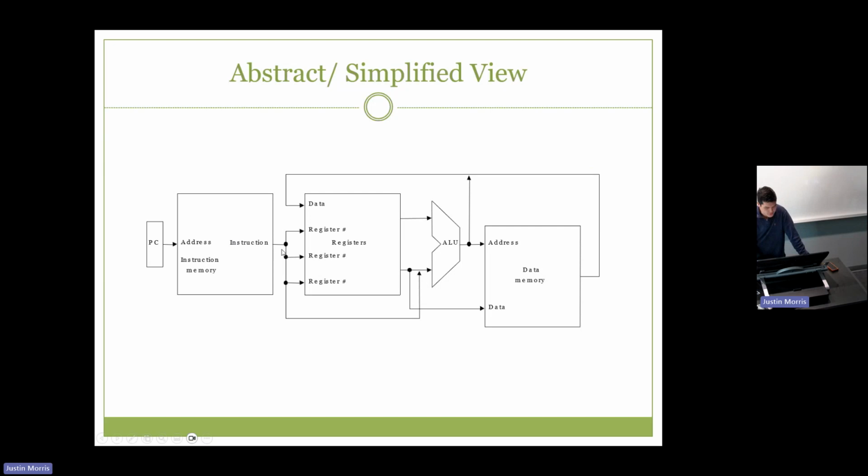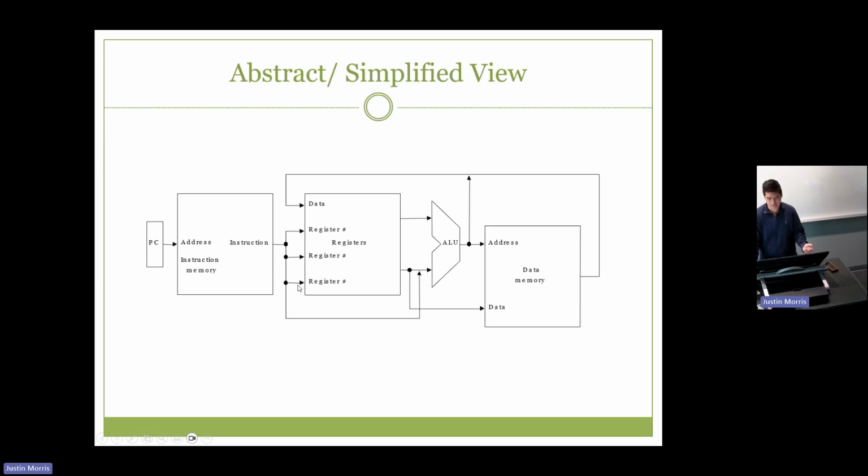And then from the instruction, we can get what is RS, right? It's always in the same spot on the instruction. What is RT? Always in the same spot on the instruction. And then if we need it, based on the opcode, is it I type or is it R type?